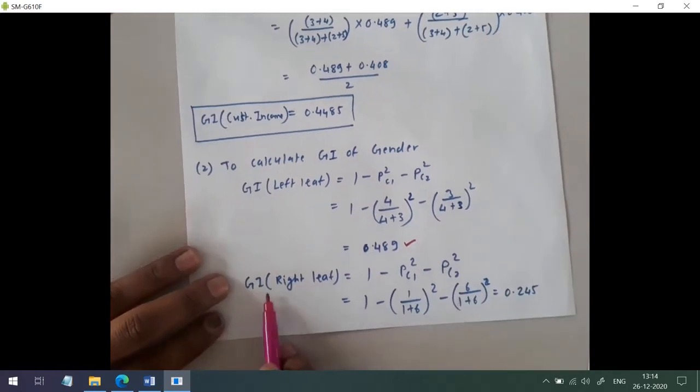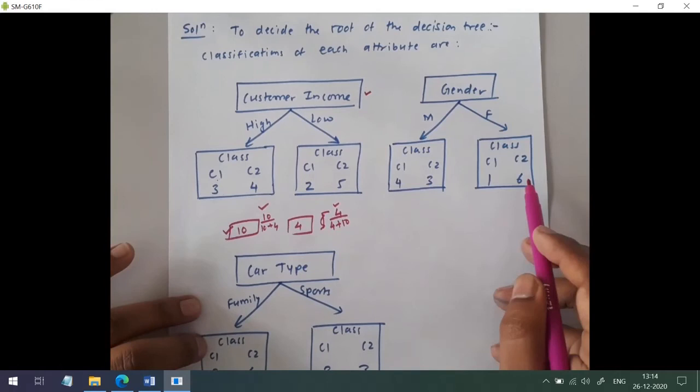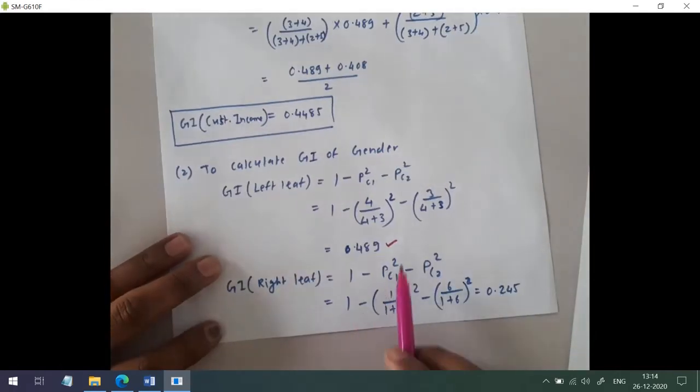Then GI of the right branch is 1 minus probability of C1 squared minus probability of C2 squared, and the combination was 1, 6. So 1 divided by 1 plus 6, squared, minus 6 divided by 1 plus 6, squared. It comes out to be 0.245.